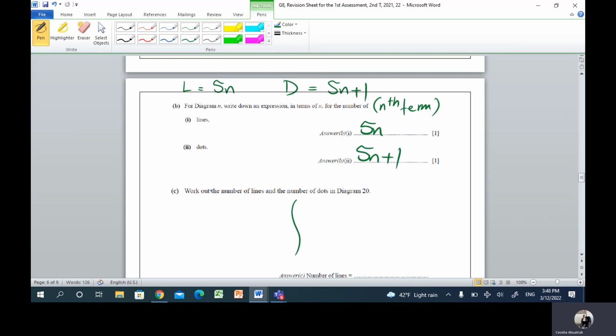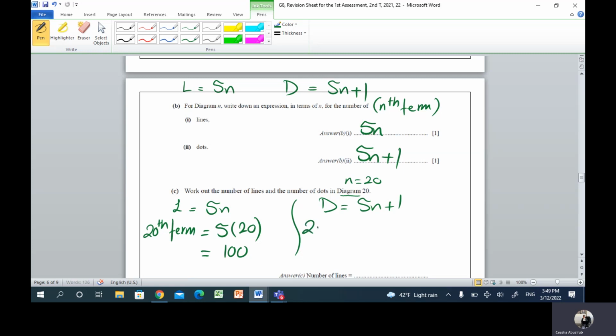Work out the number of lines and the number of dots for diagram 20. Yay, easy. Since I got the nth term for L, which is 5n, and the nth term for the dots, which is 5n plus 1, and they're asking me for diagram 20, this means n is equal to 20, so substitute n as 20. The 20th term for L is equal to 5 times 20, which is 100 lines.